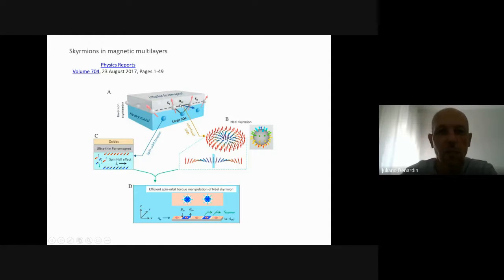90 degrees from the direction of the two magnetic spins.